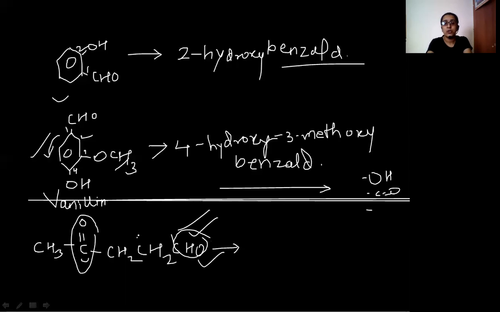So 1, 2, 3, 4 and 5. Okay, so whenever keto group will act as a substituent, it is named as oxo. So it is 4-oxo.